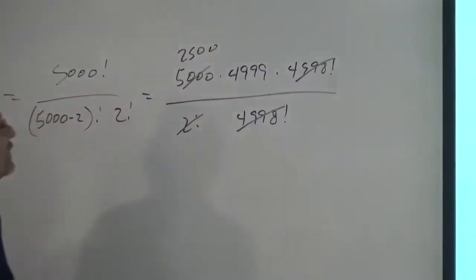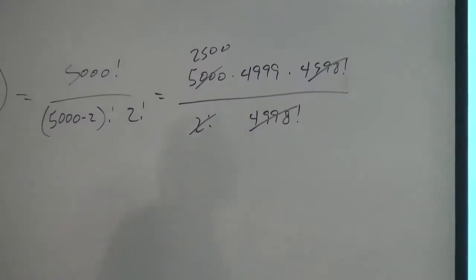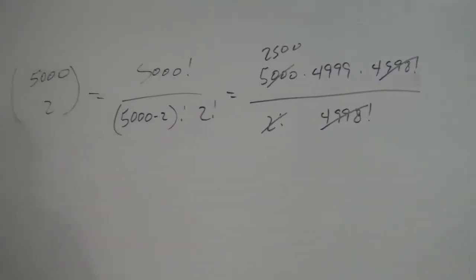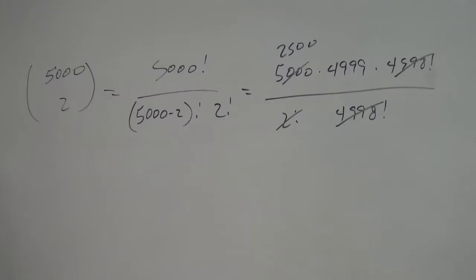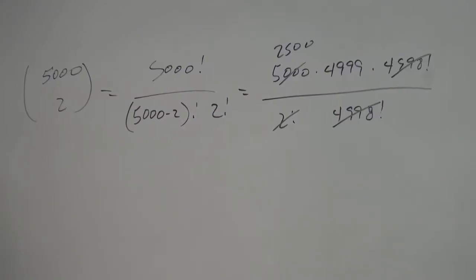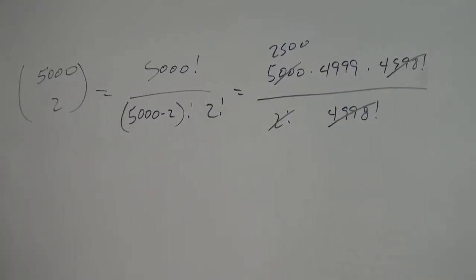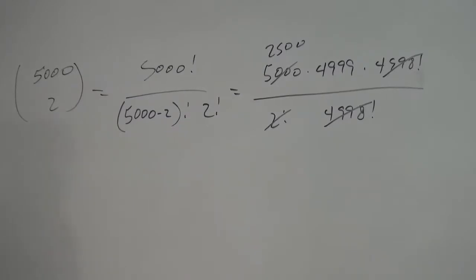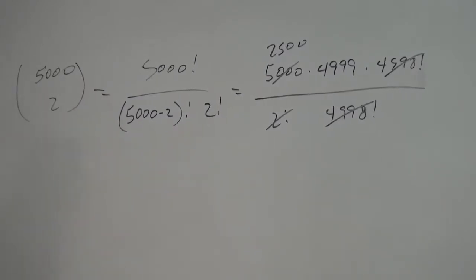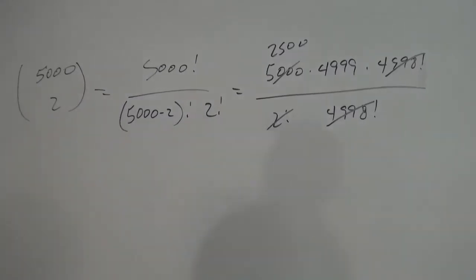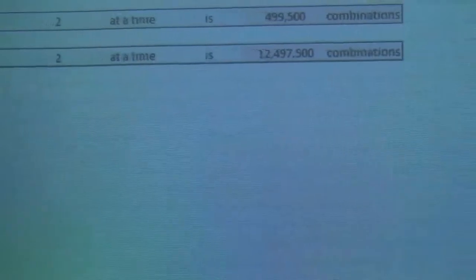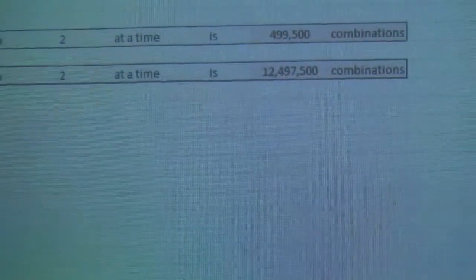All you have to do is multiply 2,500 times 4,999, and you get the answer, which is 12,497,500. I multiplied that out just to make sure I didn't make a mistake.